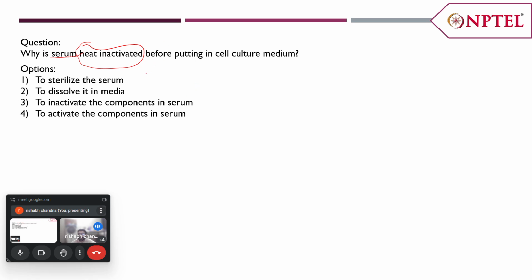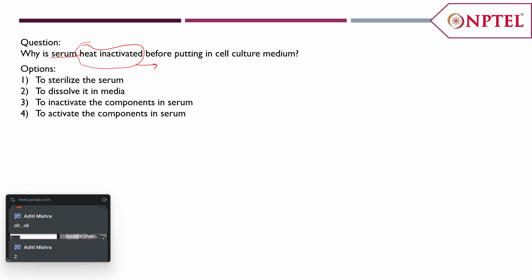So heat inactivation means that if you are adding anything that can have different roles, first we inactivate them using heat, and then we add into certain media. So why is it done? That's the question. Okay.